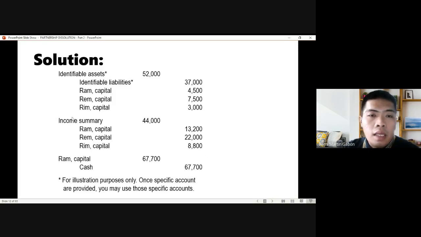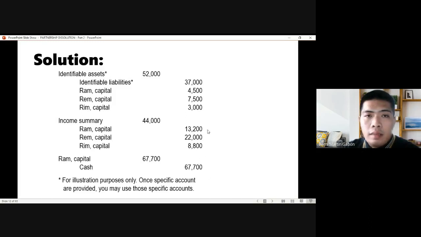Then the final entry is to take effect the retirement of RAM. So we debit RAM capital 67,700, then credit cash because it is agreed that he will be paid for his retirement. Then the cash payment is equal to his capital credit of 67,600. That is the agreed retirement price. So 67,600, no difference. Okay?